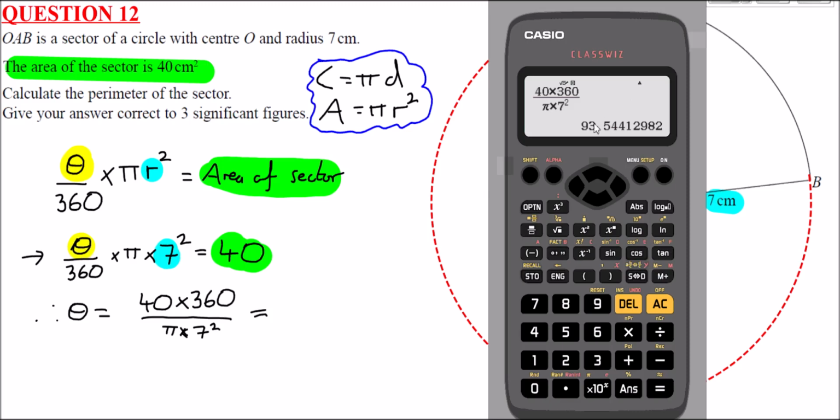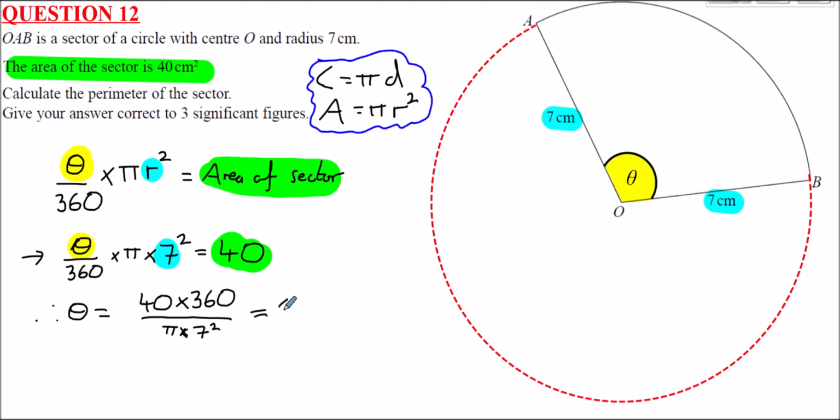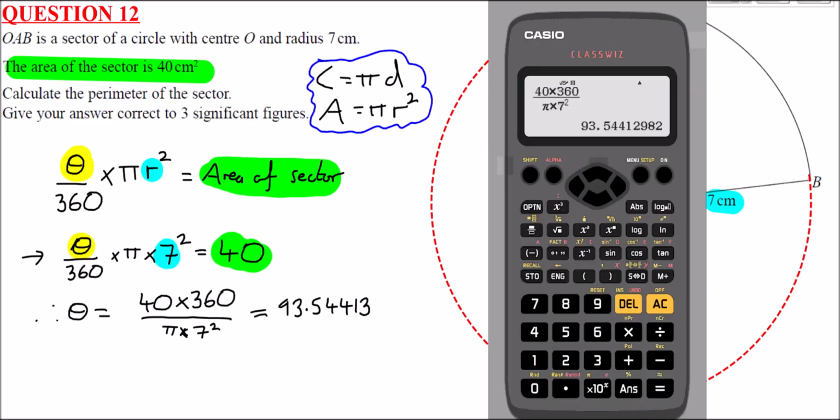So I'm going to write this as 93.54413. Now, the reason I'm doing that is because I don't want to round prematurely. Only round at the very end of a calculation. If you round in the middle of a calculation and then multiply or divide, it may bring in some rounding error, which might affect your overall answer.